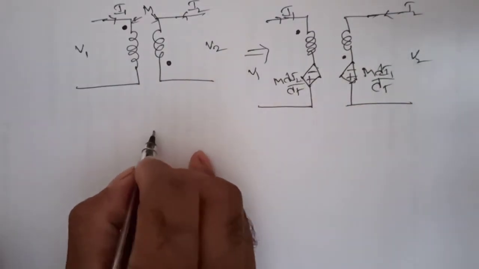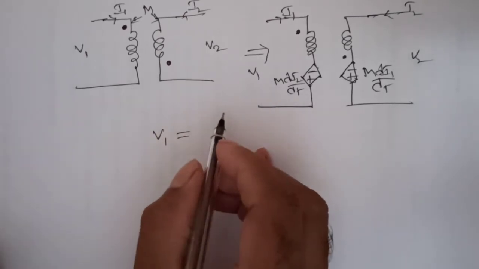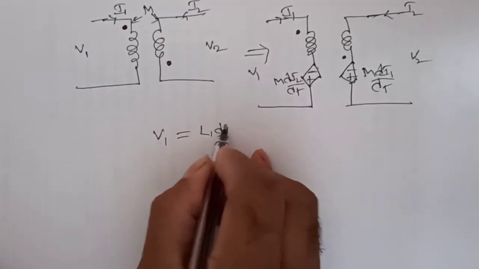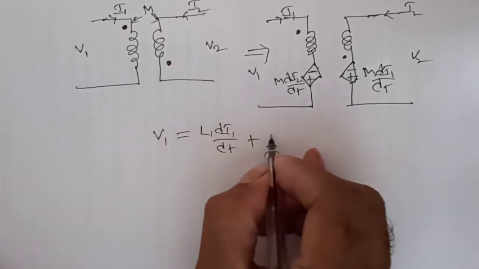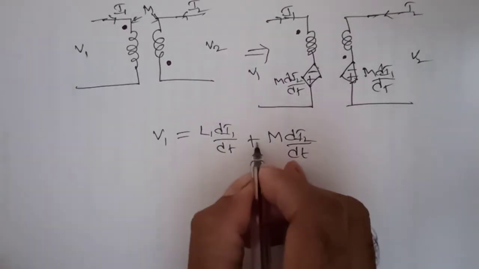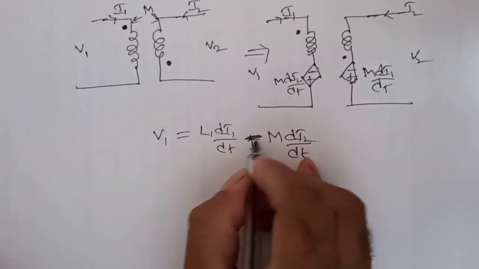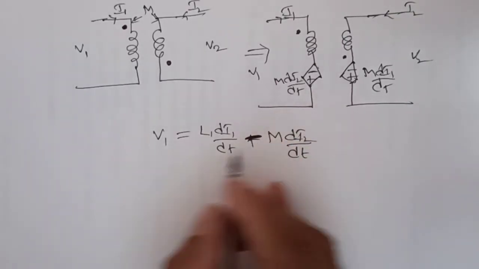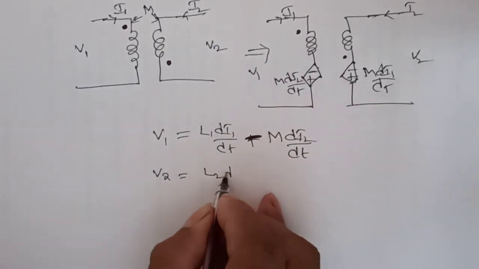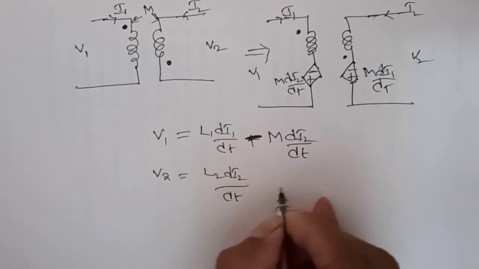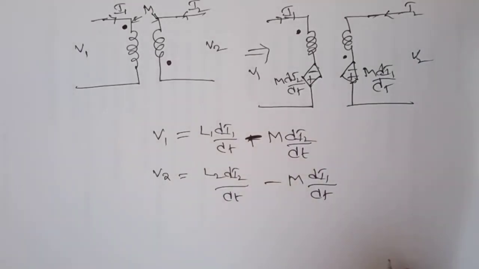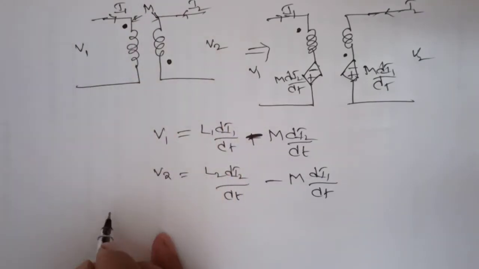The induced voltage V1 equals L1 into di1 by dt plus M into di2 by dt, but with a minus sign. Why? Because one current is entering and one current is leaving. Likewise, if you calculate the voltage V2, it is L2 into di2 by dt minus M into di1 by dt. Now we can take another configuration.